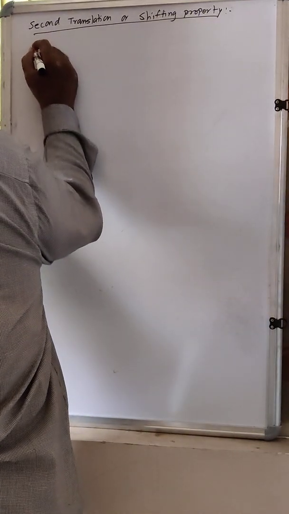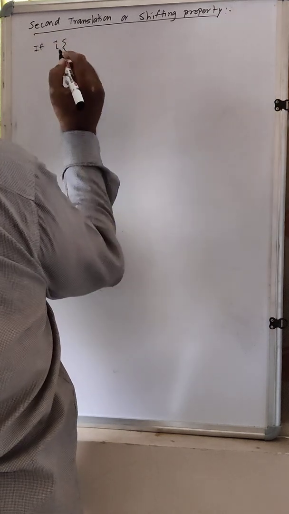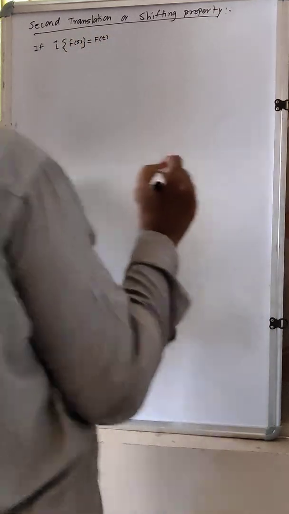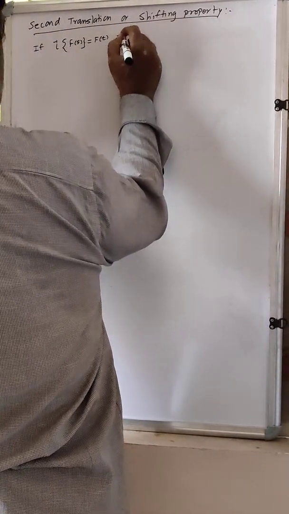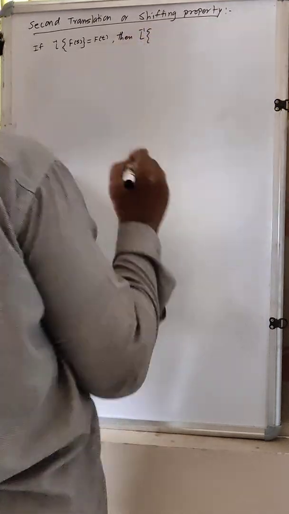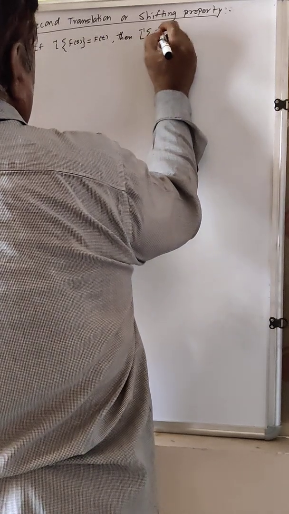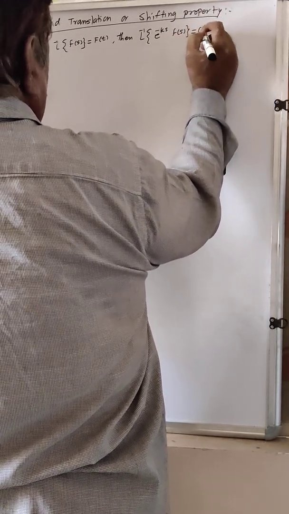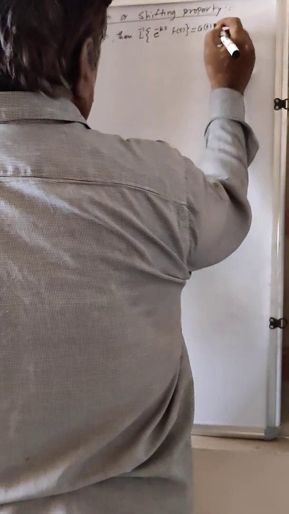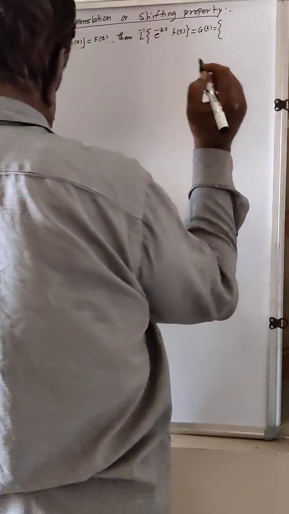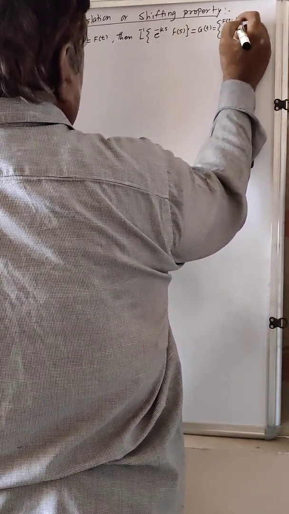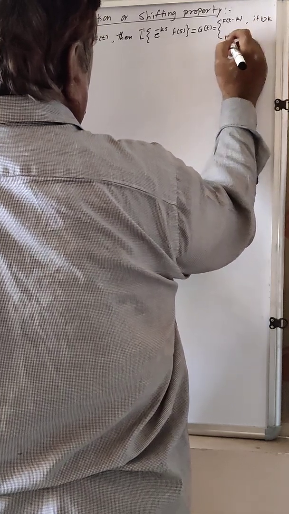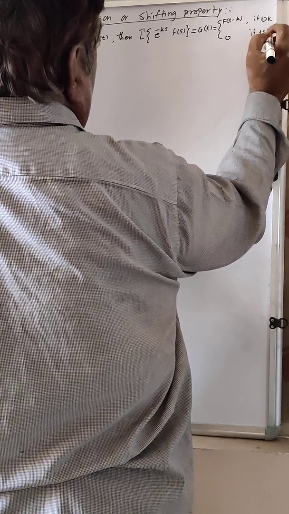If Laplace inverse of F(s) is equal to f(t), then Laplace inverse of e raised to minus ks F(s) is equal to g(t), a function of t, which is equal to, in curly bracket, f(t minus k) if t is greater than k, and 0 if t is less than k.